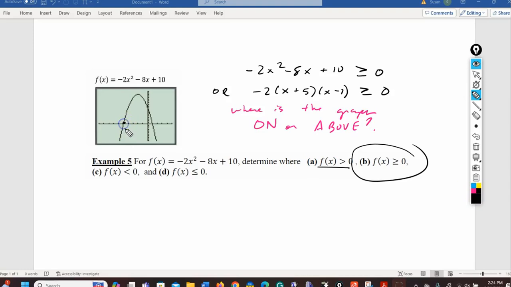And so again, that's at -5 and that's at 1. So on, we will include these points, and above is this part here. And now use the x-axis to measure from left to right for the interval. So we're going to start at, and we're going to include -5. And we have points all the way up until we get to x equals 1, and 1 is included. And so that's what your answer would be.